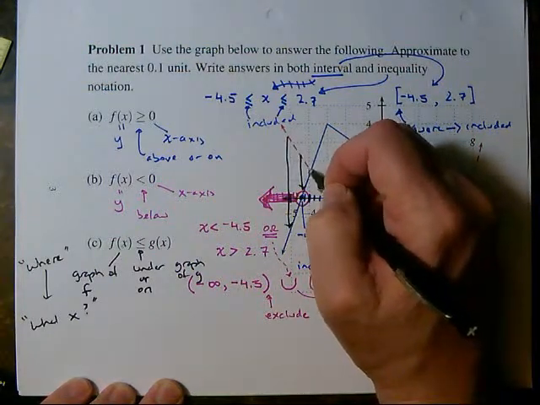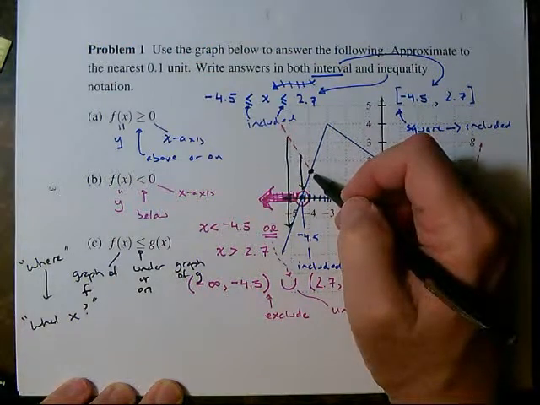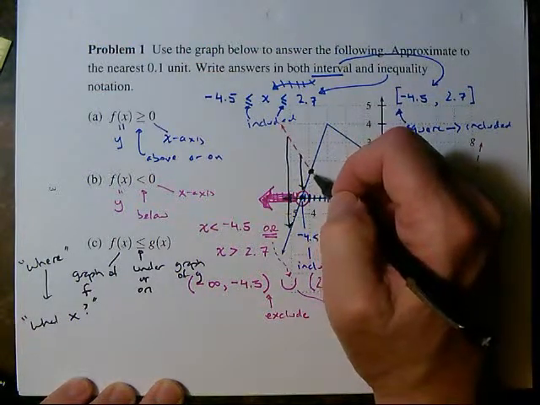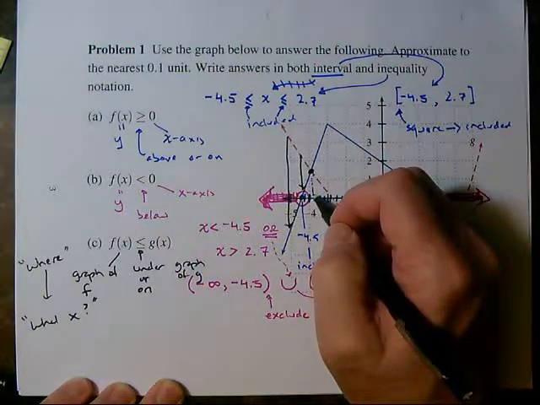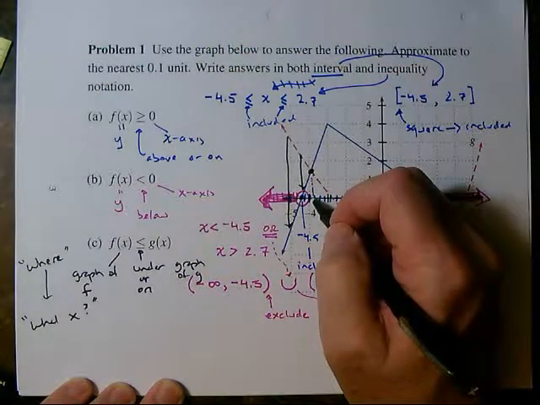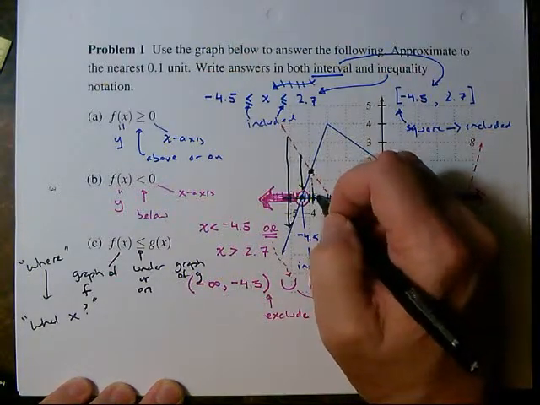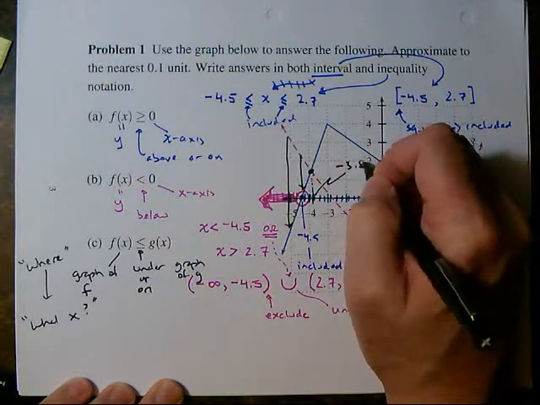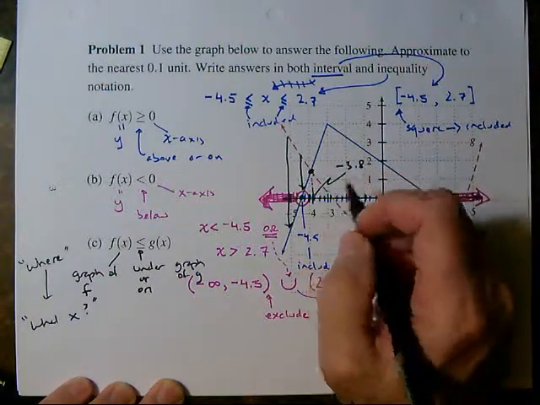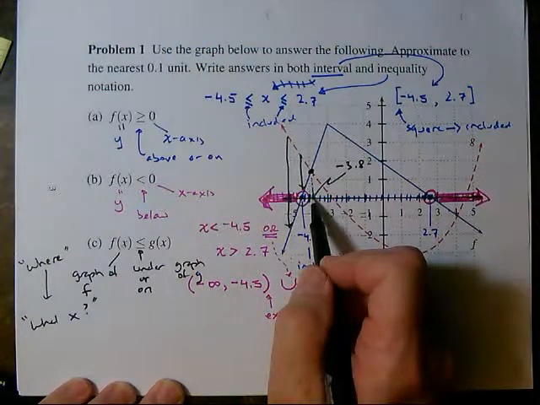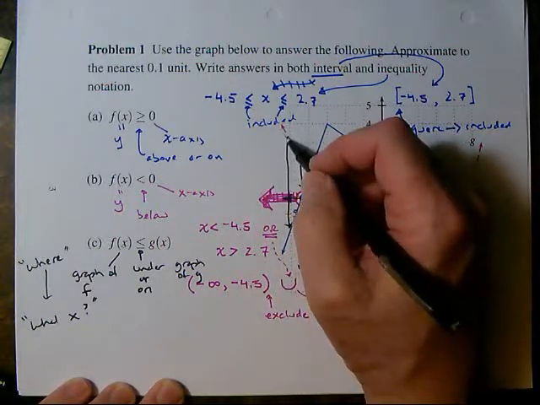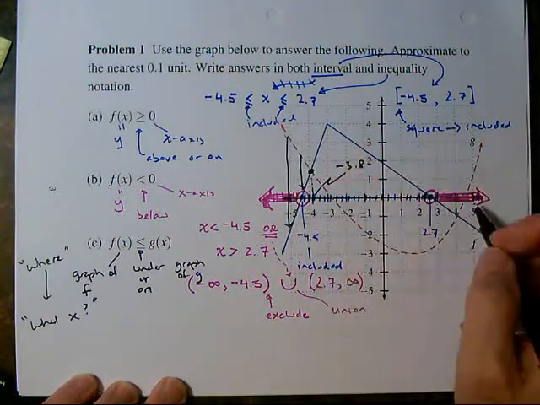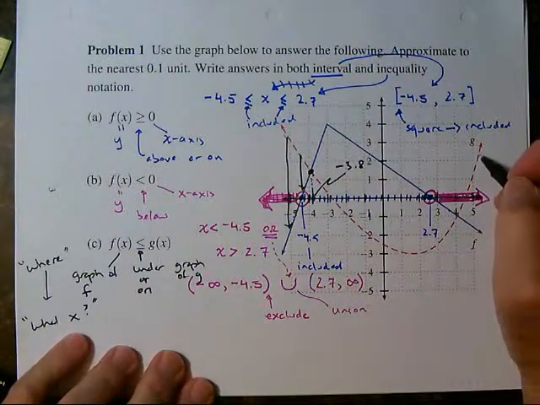So the x's on the x-axis with these vertical lines are in the solution. I'm allowed to be on, that's an intersection point. So that would be a little bit shy of -4. That would be approximately, let's say -3.8. So for all x's below or equal to -3.8, we have the red graph is above the blue graph.